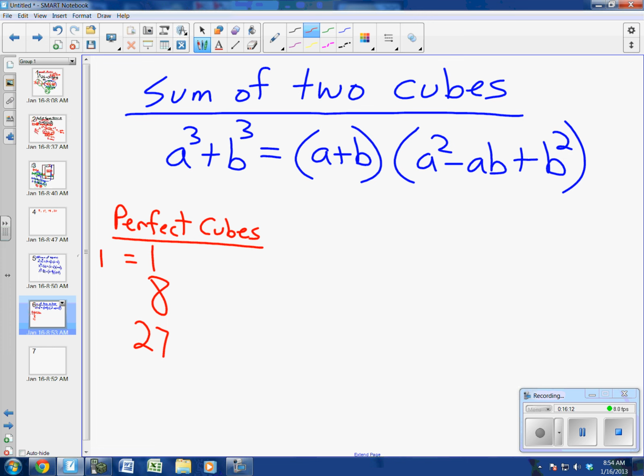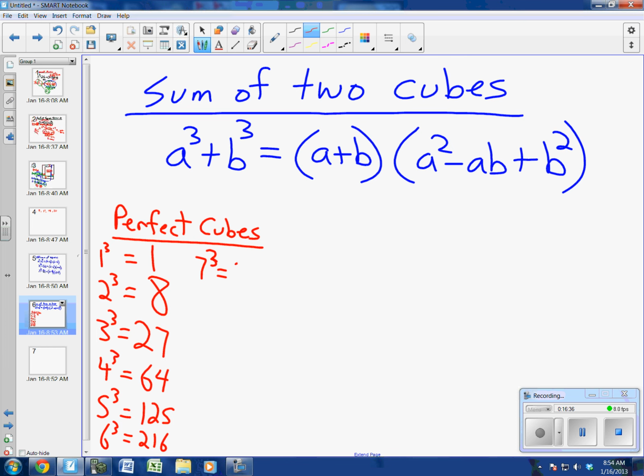I got to write this down for those people watching at home. Right? What about 4 cubed? 64. What about 5 cubed? What about 6 cubed? Probably ought to write a few more down. What about 7 cubed?